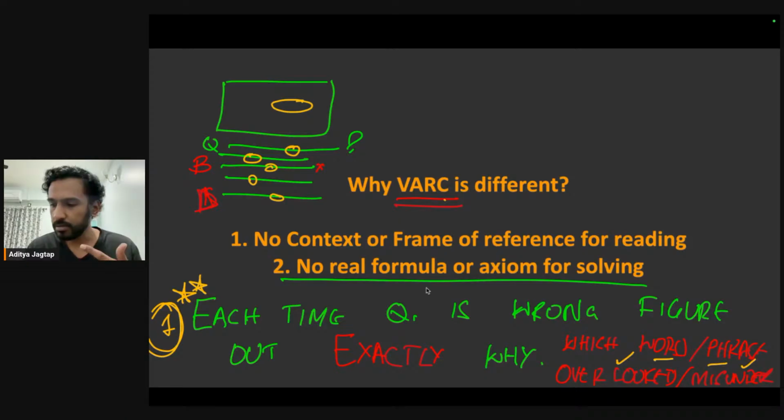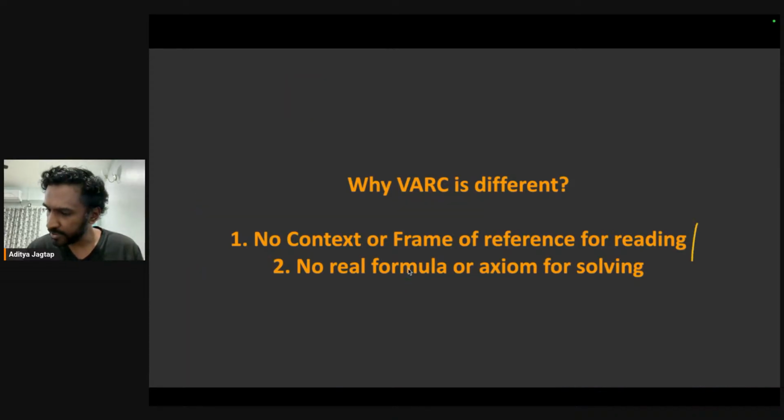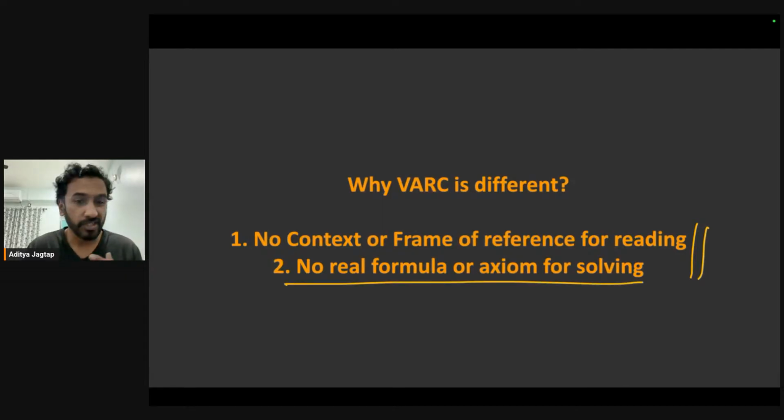That's because understanding errors in quant and reasoning is not as complicated. So these are two challenges that you'll have to overcome, and I've already spoken about what you really need to do for this, which is figure out why or where exactly you went wrong.